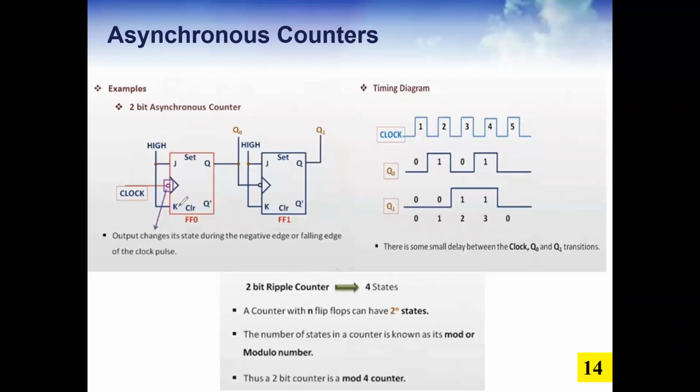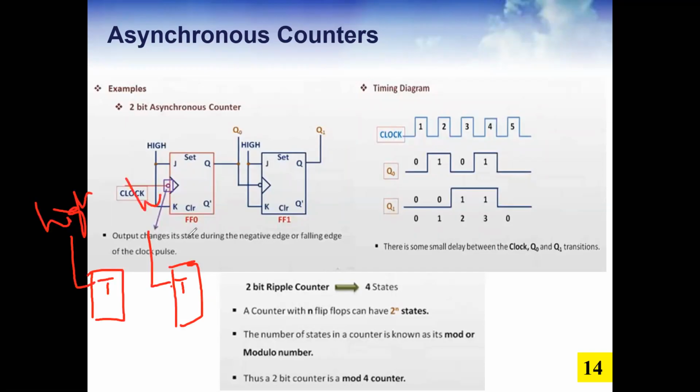If I want to design the same with T, rather than JK, I will just use two T flip-flops and connect the input to high. This is high, this is high, and this is connected to the clock. This is the clock, and this is the output of this. Everything is the same except the inputs, which are high, high. So we can design it with the help of T also.